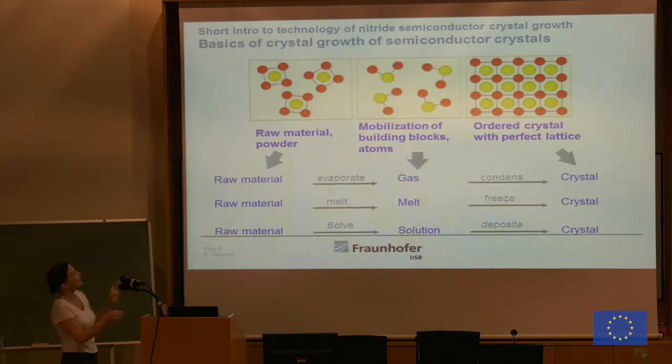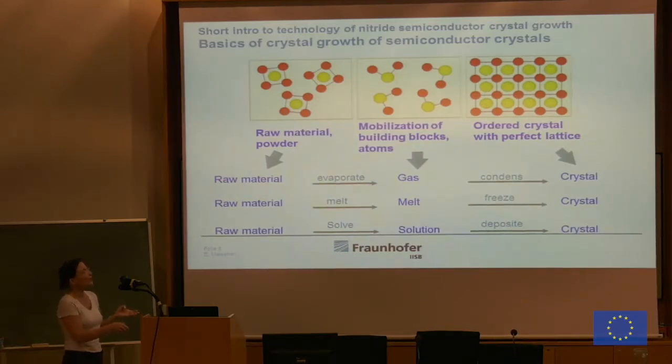So in fact, you have 3 steps to order a crystal, and you have 3 choices. Either you can evaporate your raw material, or you can melt your raw material, or you can solve it in some solvent. And then from a gas, from a melt or a solution, you generate the ordered crystal by a thermodynamic process, more or less.